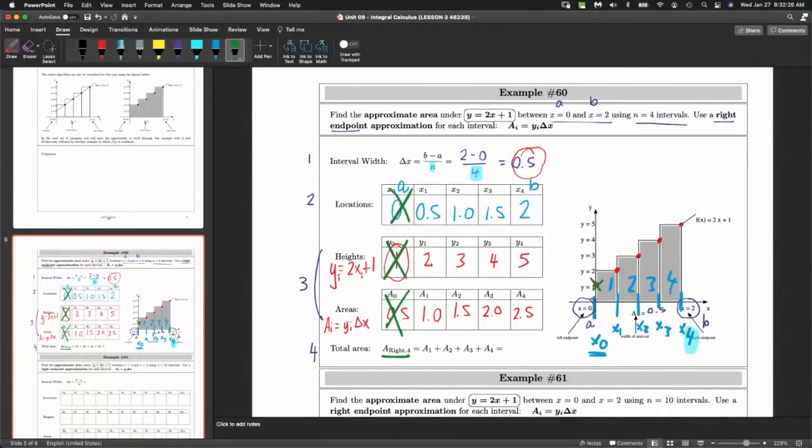These are the right endpoints. See, this first rectangle is this tall, and it was determined by this point over here. And then the second rectangle was this tall, but it was determined by this point over here, and so on. So for that reason, we reject the first one.